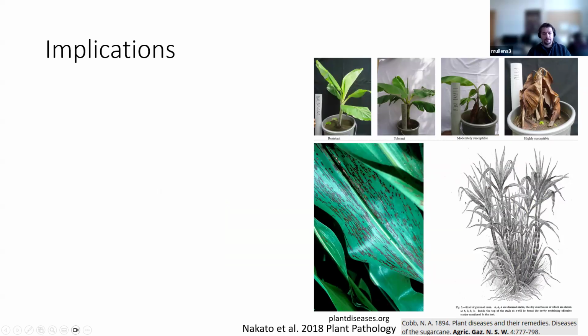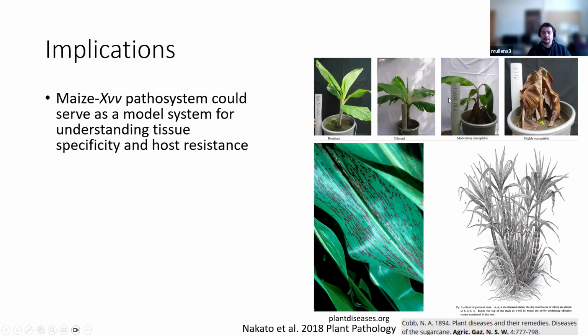I mentioned previously that XVV can colonize sugarcane, but the same species, different pathovar, colonizes and causes a bacterial wilt disease in bananas. And another pathovar of XV causes disease in sorghum as well.